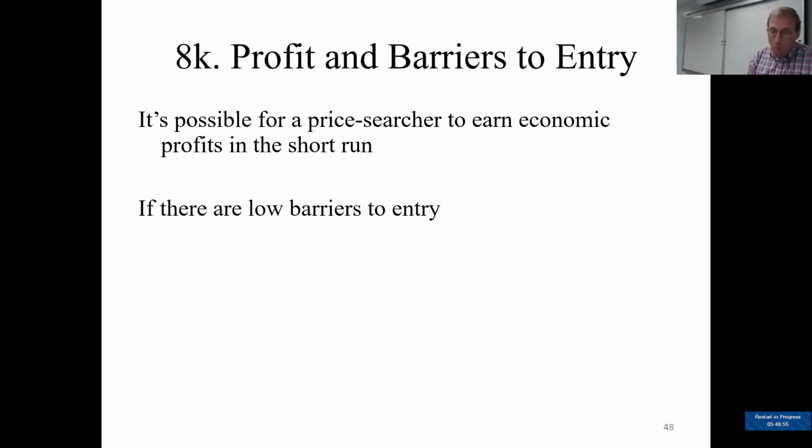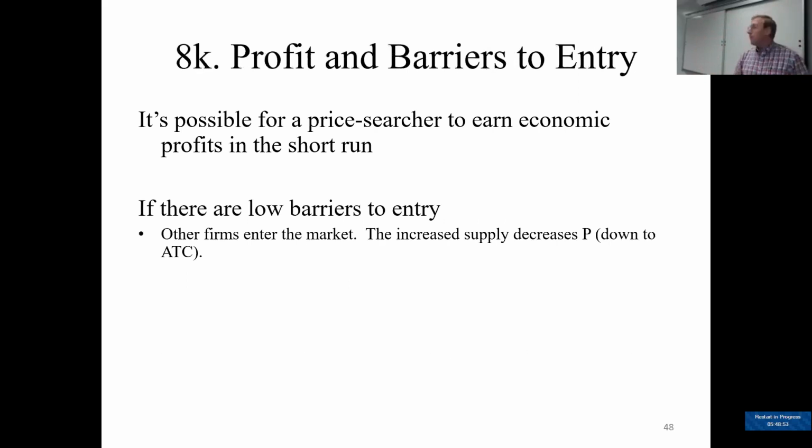Now, if there are low barriers to entry, other firms are going to enter the market. The increased presence in the market is going to decrease the demand for your good. That's going to decrease your sales price. Eventually, you're going to come back down to that point where price is equal to average total cost. People have competed away the economic profits. You're back to zero economic profits.